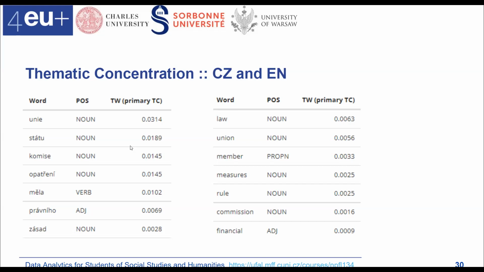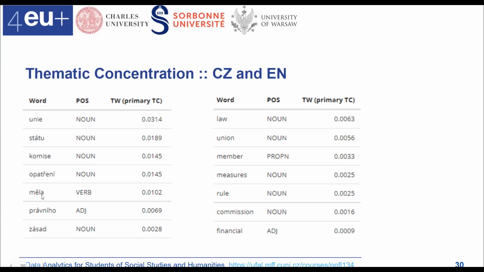Okay, thank you very much for this explanation, but I still have to make up what it proves for me as a lawyer. A lawyer would say that the Czech translation speaks more about the union and the English translation more about the law. So what would a lawyer make of this?